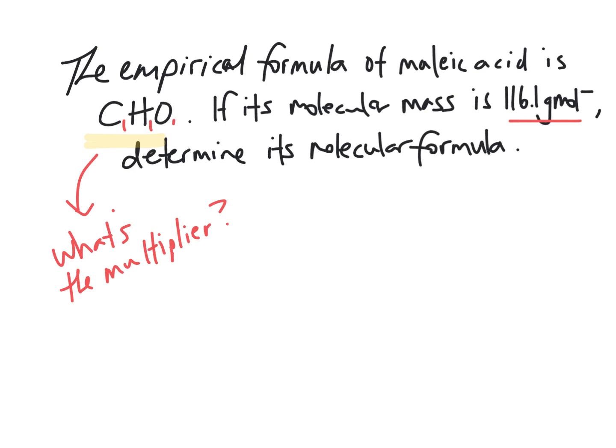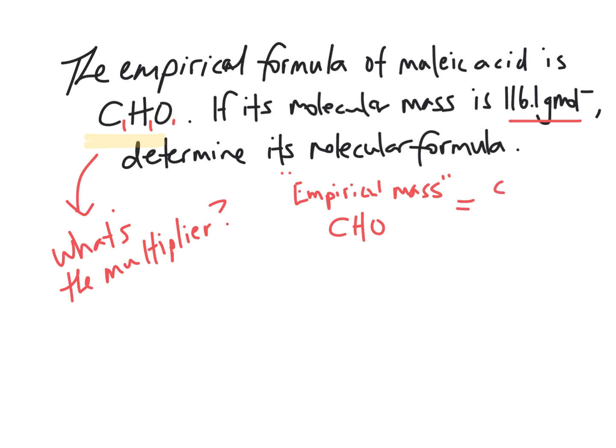Well, we'll first have to determine what I call the empirical mass, which is what it's commonly called. You take the empirical formula and say, if that were the actual molecule, what would the mass be?